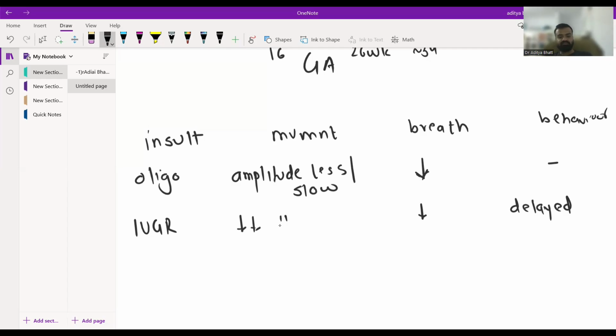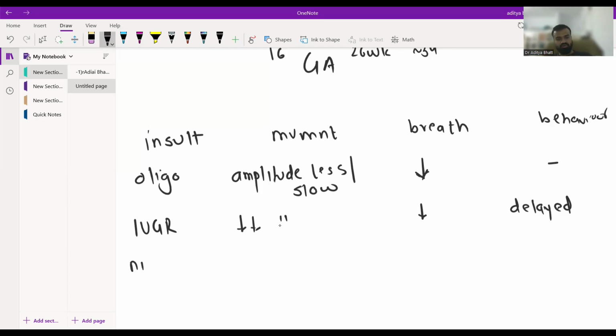So that is very, very important that you should understand that IUGR has long-term complications that sometimes you miss, and you all might know about this Barker's hypothesis that you probably might have missed. So Barker's hypothesis says that IUGR babies have higher risk of developing chronic problems later on in their life, be it diabetes, be it asthma, all that. So that is very, very important.